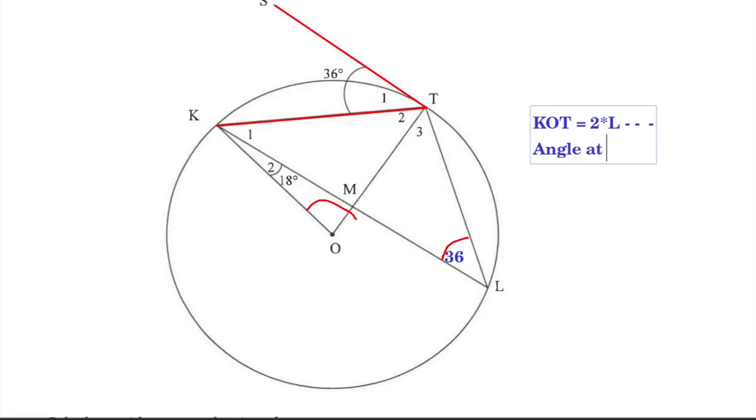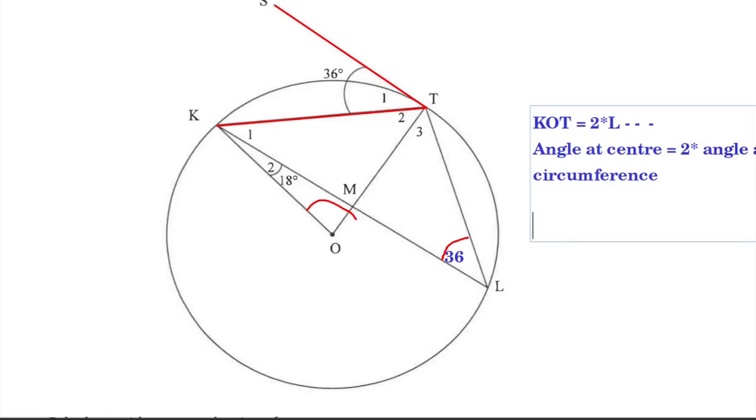Angle at center is 2 times angle at circumference.